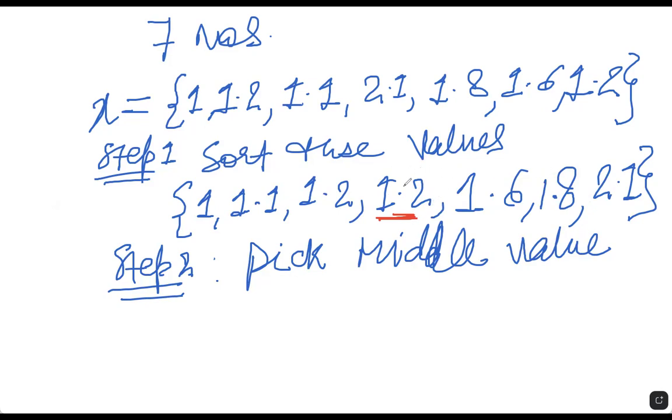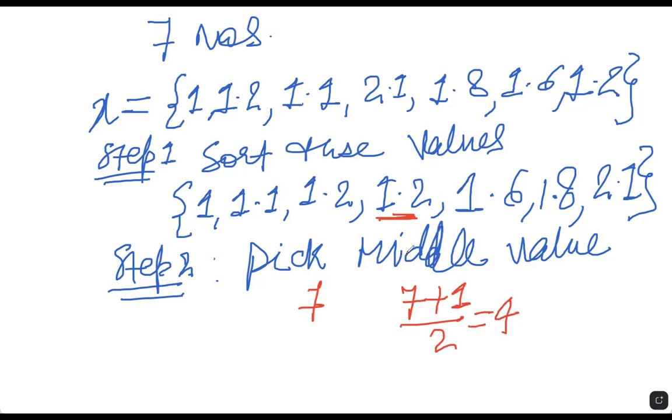How many total values are there here? 7 are the total values, and I know 7 is an odd number. So I compute 7 plus 1 by 2, which is equal to 4.